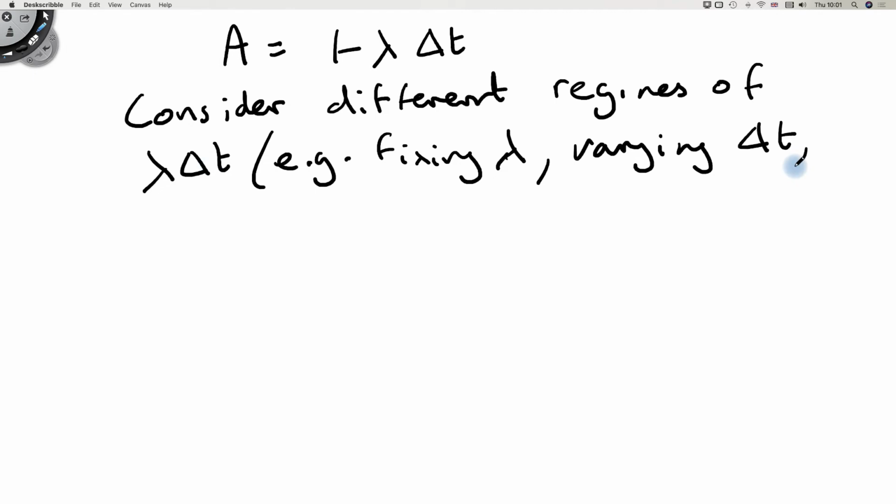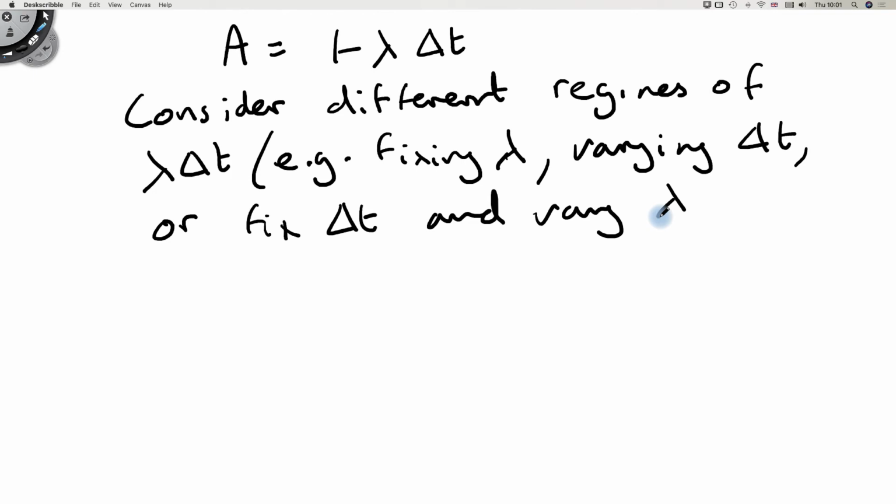Or you could do it the other way: fix delta t and vary lambda. And remember, both lambda and delta t are real and greater than 0, by definition. You can't get a time step of 0. It's impossible for a numerical method, and lambda is greater than 0 in our problem.